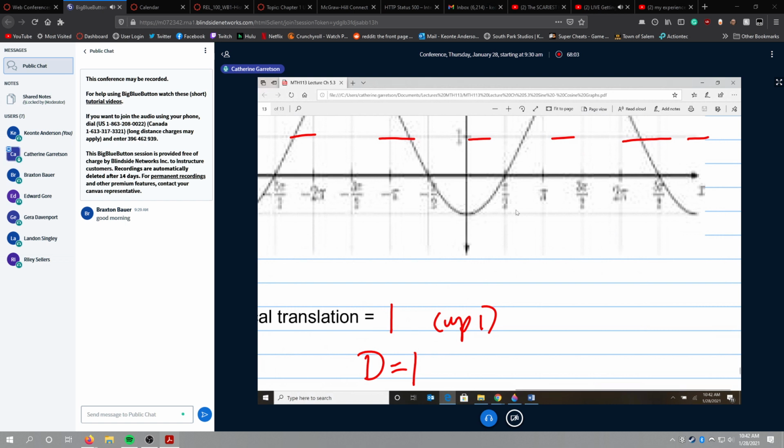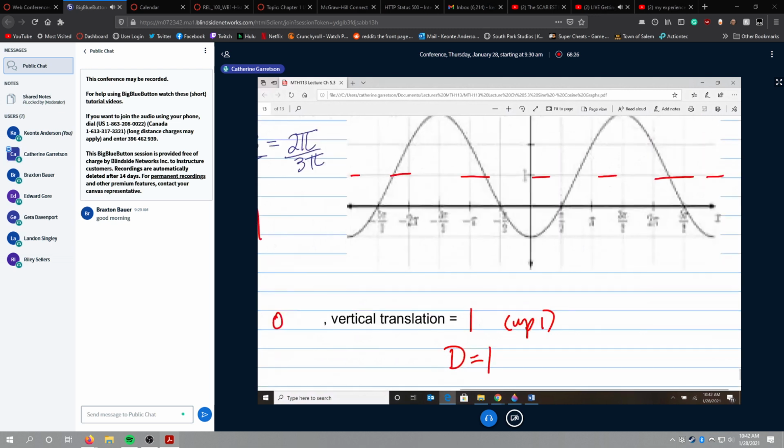I went from the origin because it's easier to start at 0. So the distance from the bottom to the bottom, because the bottom was where it was on the y-axis with this one, is 3 pi. My standard period is only 2 pi, but this one got enlarged to be 3 pi.